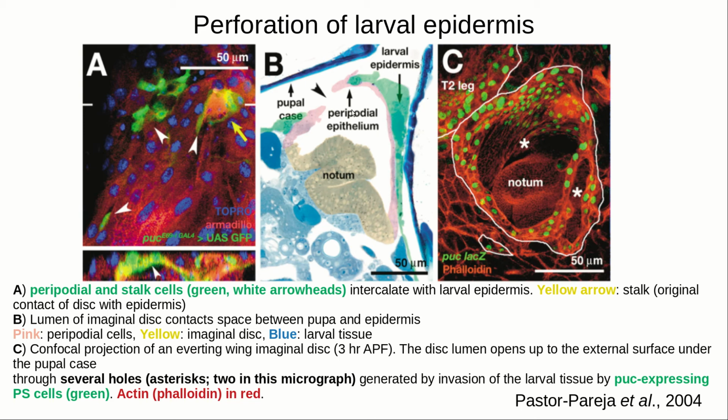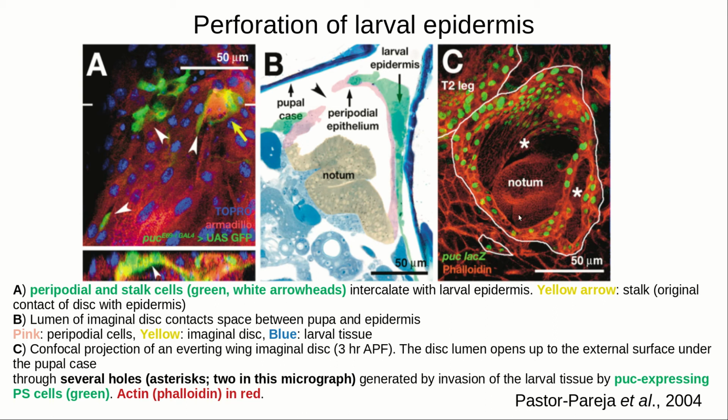Some holes form, and the lumen of the disc starts to be in contact with the space that is between the cuticle and the larval epidermis, as you see here, and also here. Here you see some of these holes that form as a result of this intercalation of cells from the peripodial membrane into the epidermis.